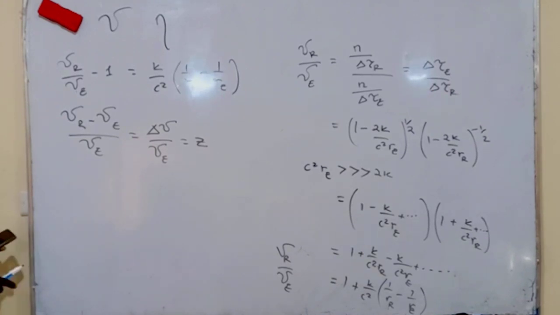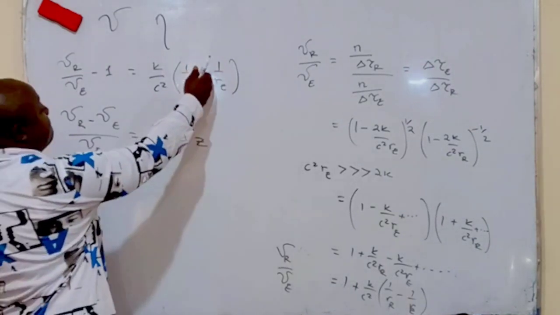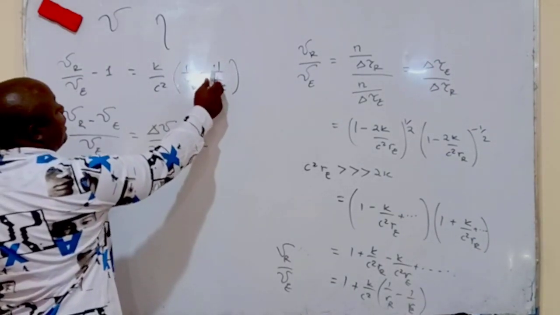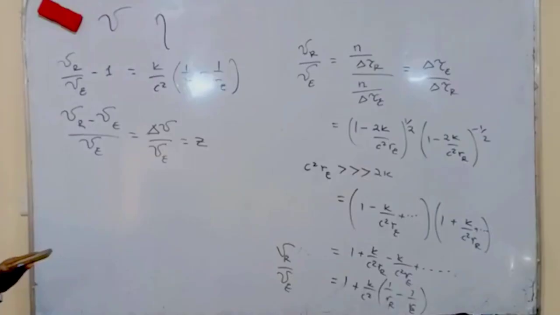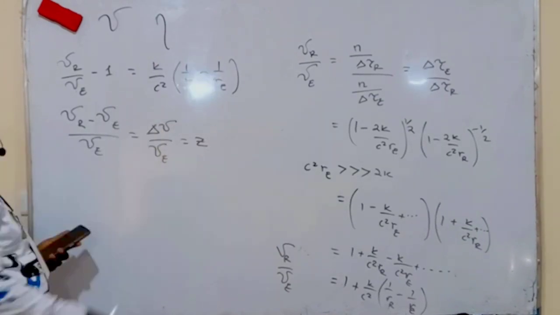So from this, you discover that if 1 over r_e is less than 1 over r_r, what happens? This will be positive, is that not?